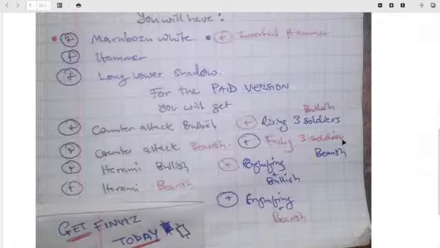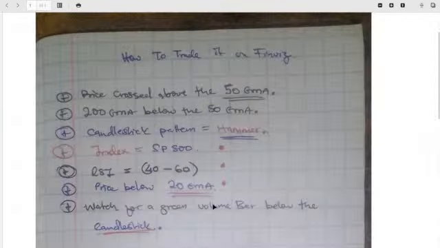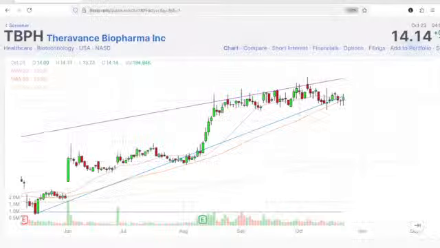You get the falling three soldiers bearish, rising three soldiers bullish. Again, you can use it only on FinViz. This strategy is exclusively for FinViz only. I am yet to develop a strategy for TradingView, which is another good screener. But right now, the strategy that I have is only for FinViz.